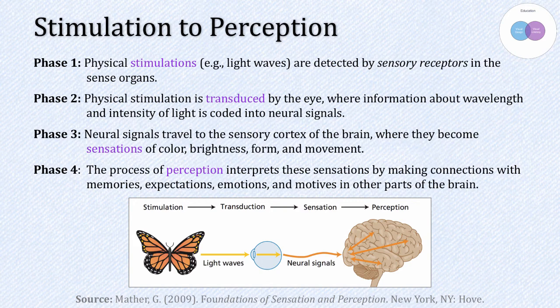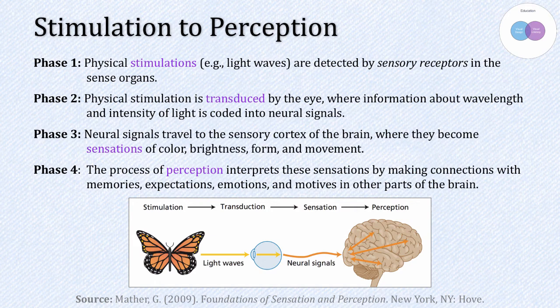In the fourth phase, the visual cortex combines these visual sensations with memories, motives, emotions, and other bodily sensations to create a representation of the visual world that supports our current concerns and interests. So this four-phase process gives us a simplistic overview of how visual information gets into the brain.